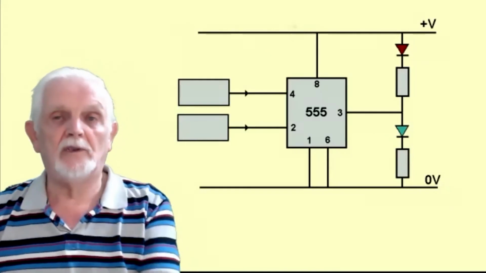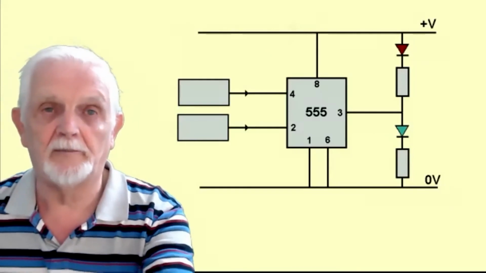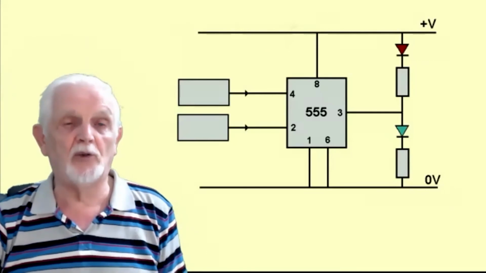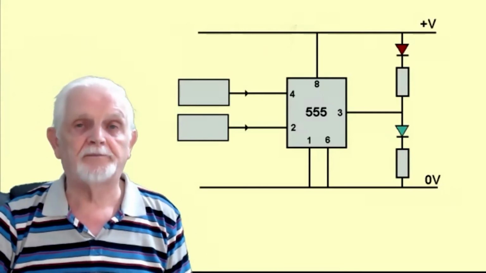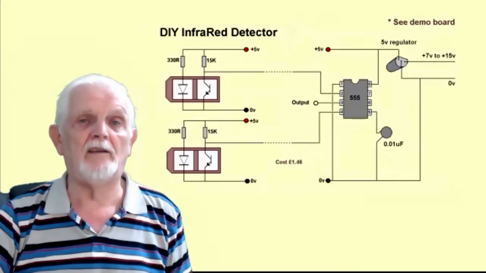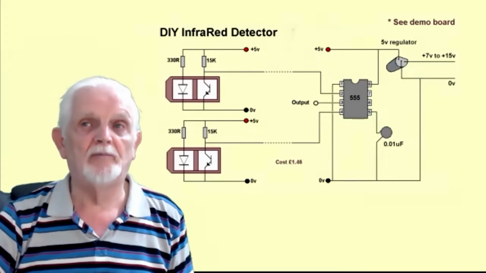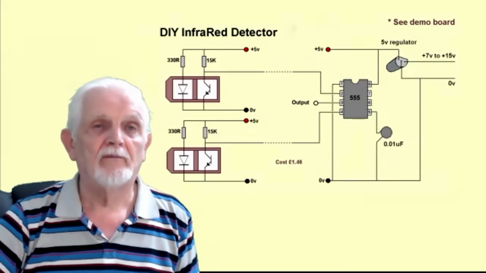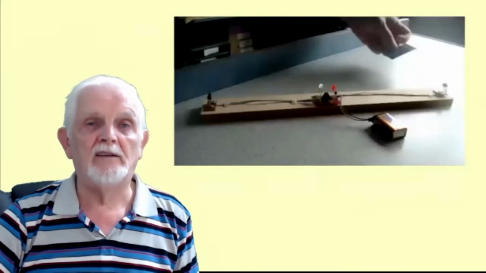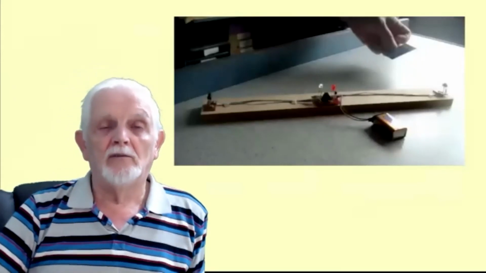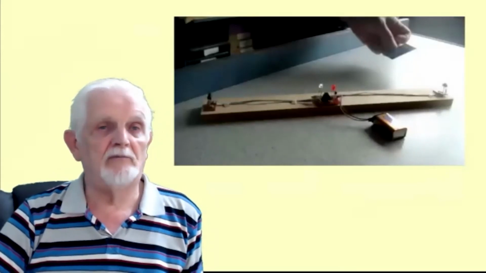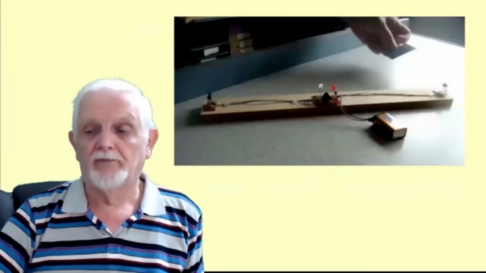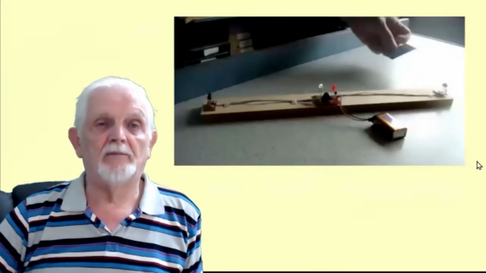If you want to, you can go back to the idea of having a bistable and have two detectors like that, feed into a bistable. And here we have 2 of those TCRTs, 1 at each end, and an output.